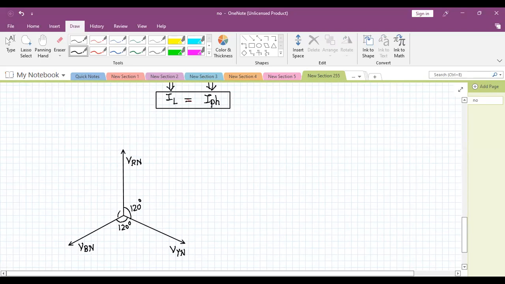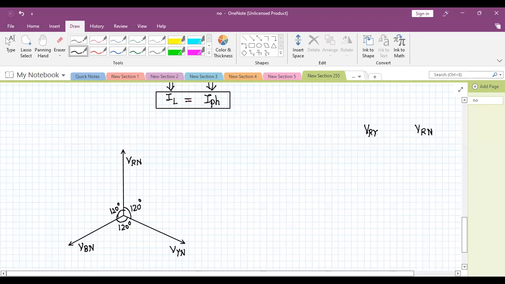Also between VB and VRN there is 120 degrees. So what is the first step to draw the phasor diagram? Draw the phase voltages 120 degrees apart from each other. Now what is required? I require a relationship between VRY and VRN. Are you getting my point?